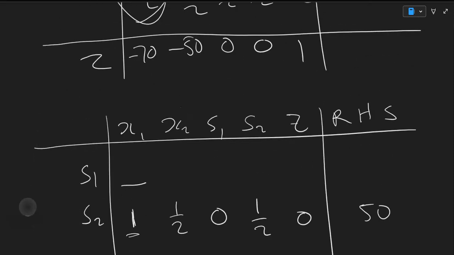And remember, these are matrices, where you have 1, 0, 1, 0, 0, 0, 1, 0, 0, 0, 1.